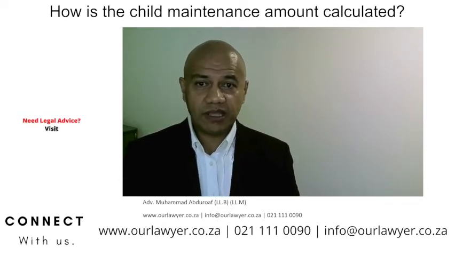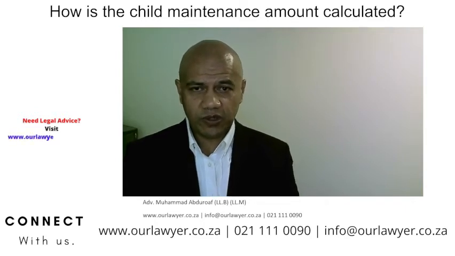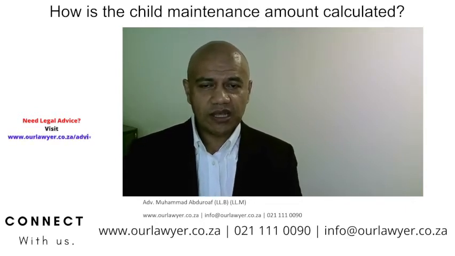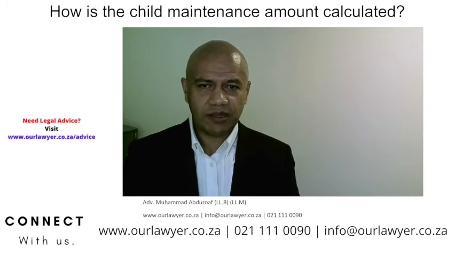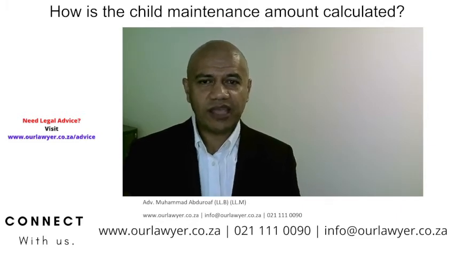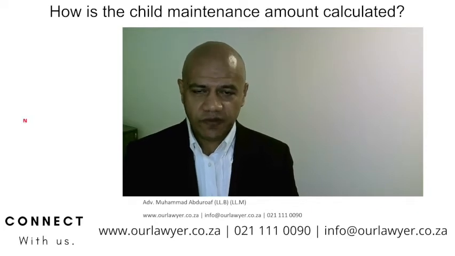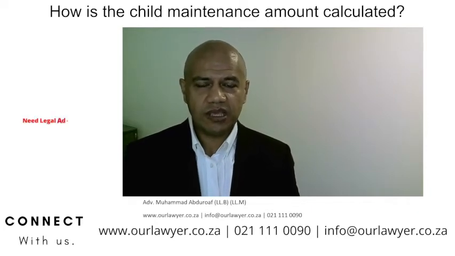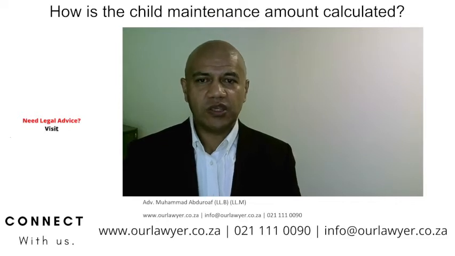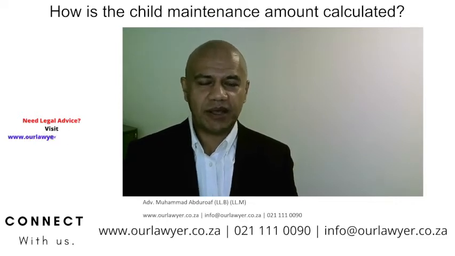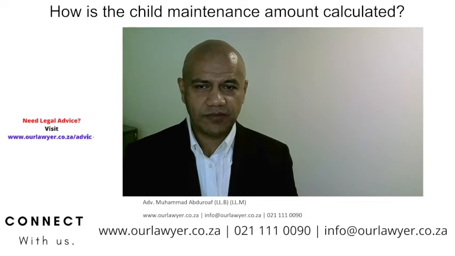And the court might make a ruling stipulating, sir, you might earn much less than the mother on a monthly basis, but your assets are much higher than the mother. Therefore, a fair maintenance order would be for you to pay the bigger amount of child maintenance for the minor child.